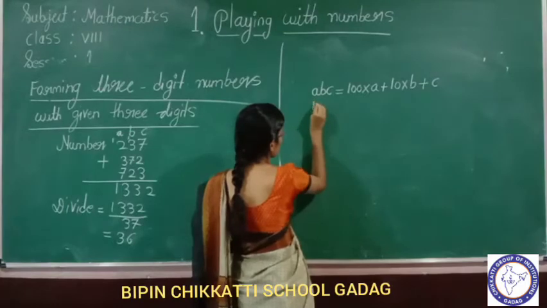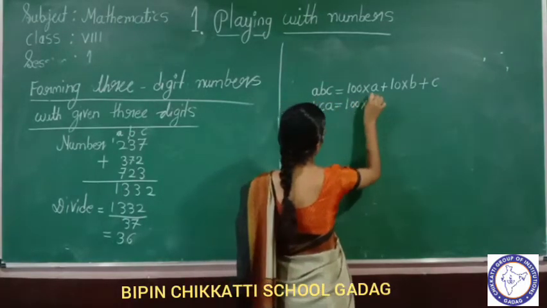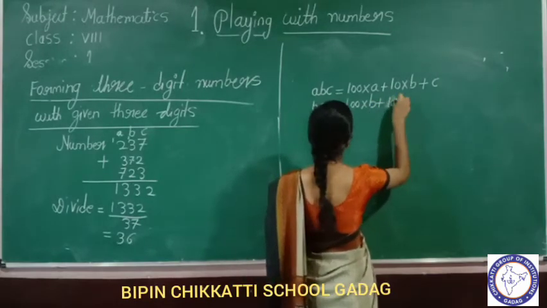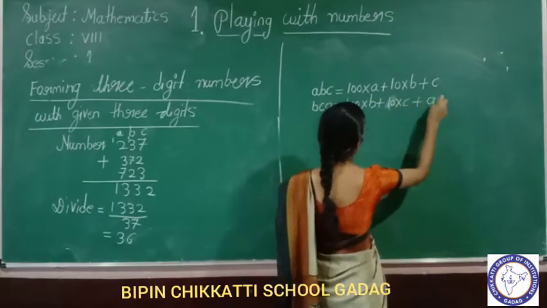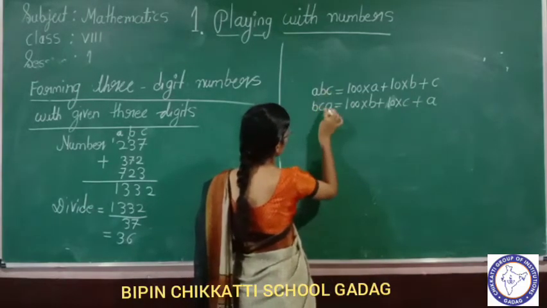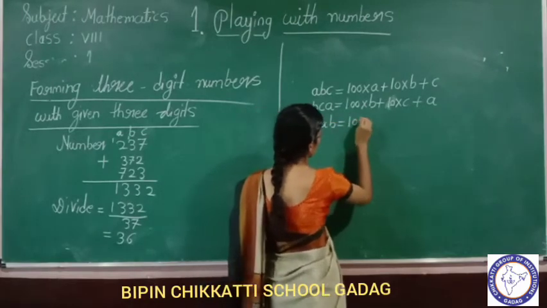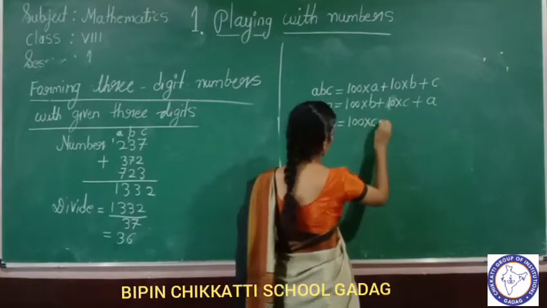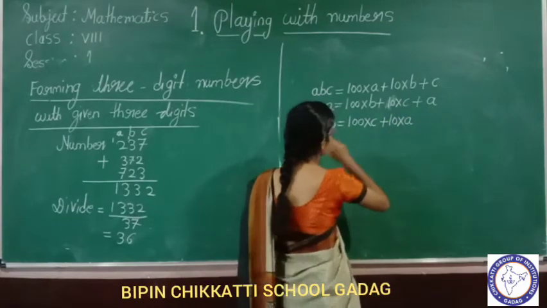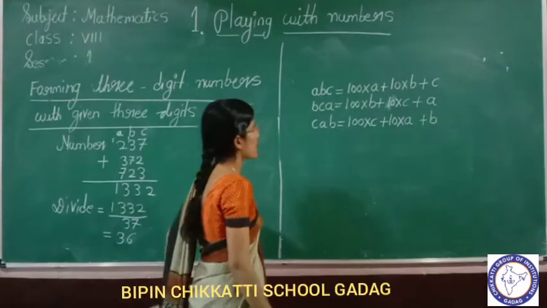I will do B, C, A. It will become 100 into B plus 10 into C plus A. Afterwards, A, B, C, B, C, A, C, A, B: 100 into C plus 10 into A plus B. So do the addition of this.